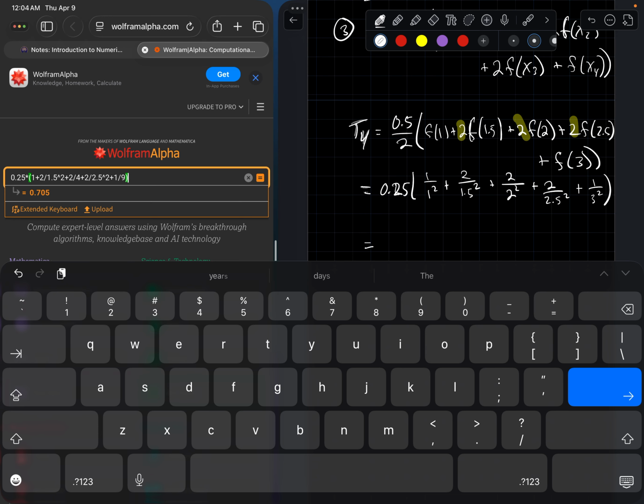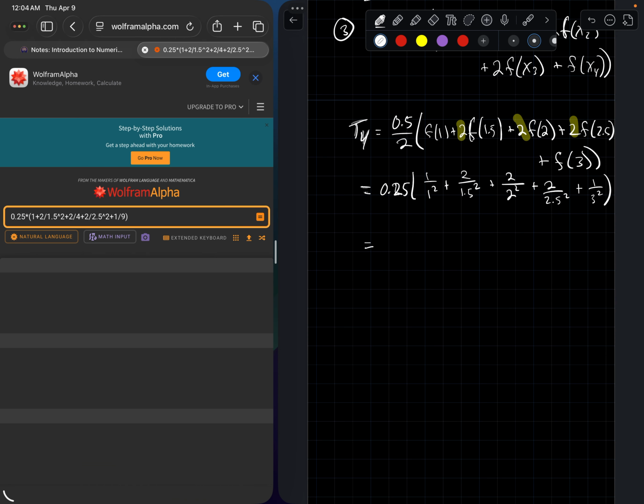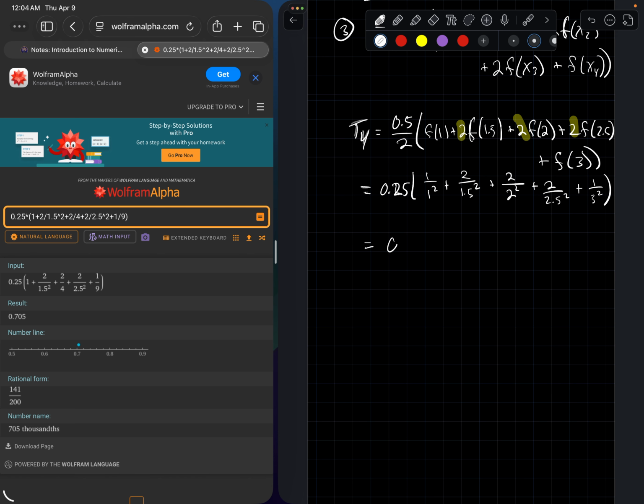And then we can throw some parentheses on there, and we get, hopefully, 0.705. So that should be relatively close to the actual value, and that's what we get.